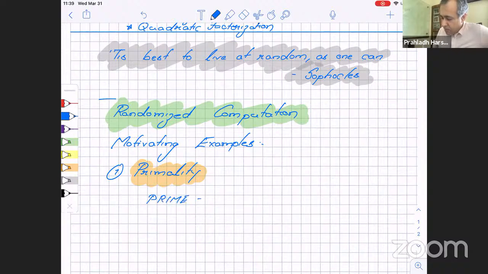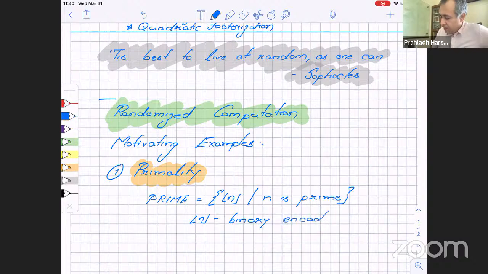Prime is the set of n, where n is the binary encoding of an integer, such that n is prime.